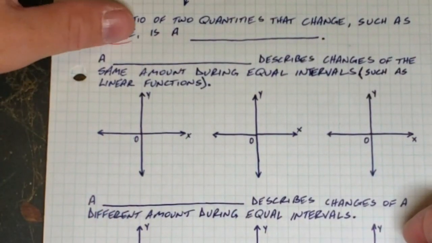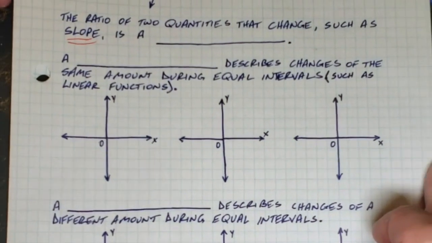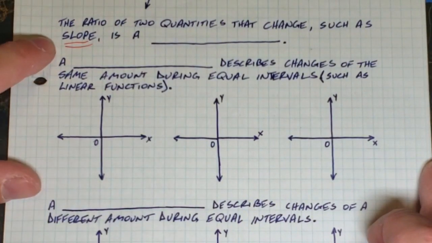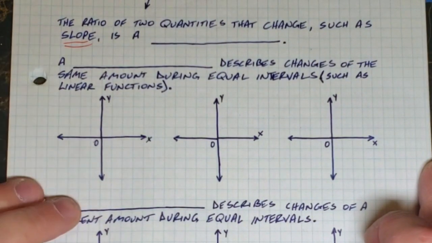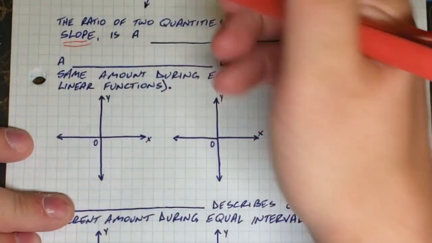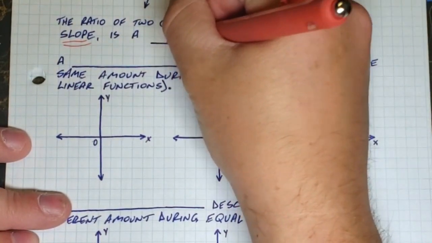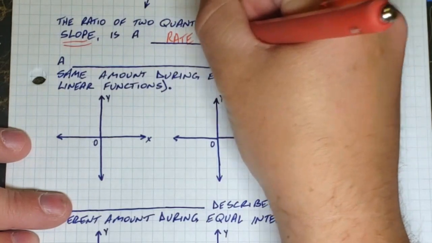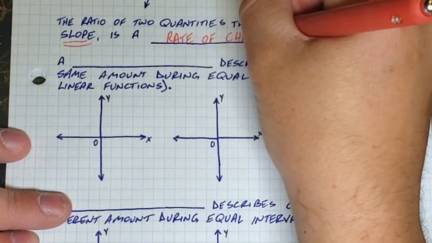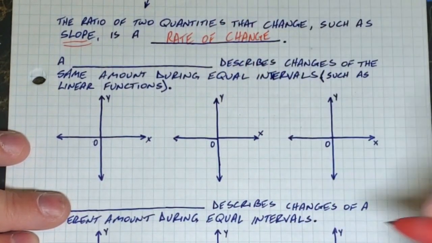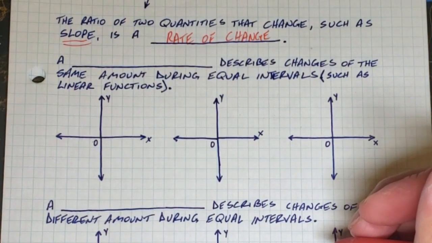All right, we're going to keep moving. The ratio of 2 quantities that change, such as slope, which is what we've been talking about, is called a rate of change. All right, and there are 2 main kinds of rates of change.